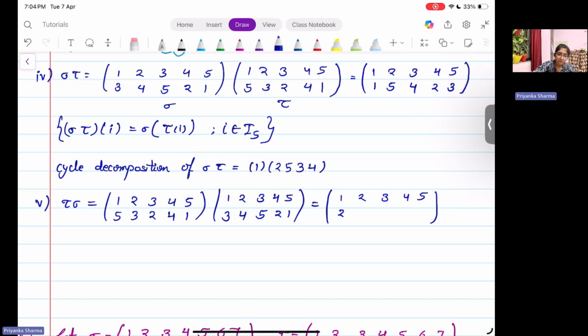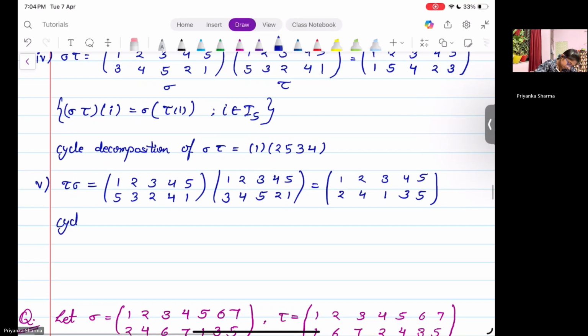And 2 goes to 4, 4 goes to 4. 3 goes to 5, 5 goes to 1. 4 goes to 2, 2 goes to 3. And 5 goes to 1, 1 goes to 5.